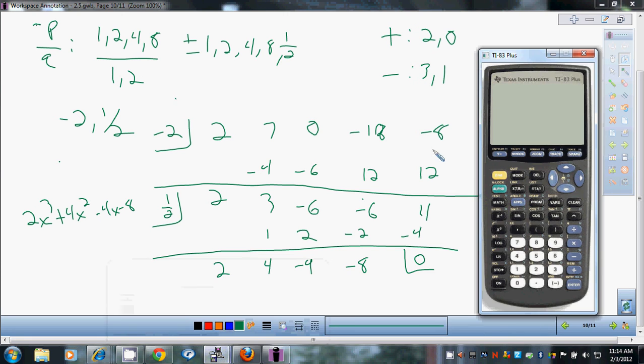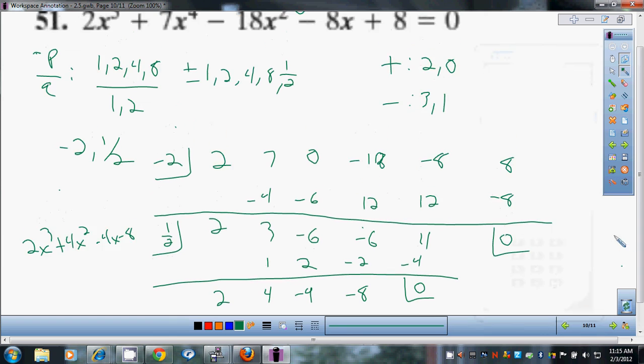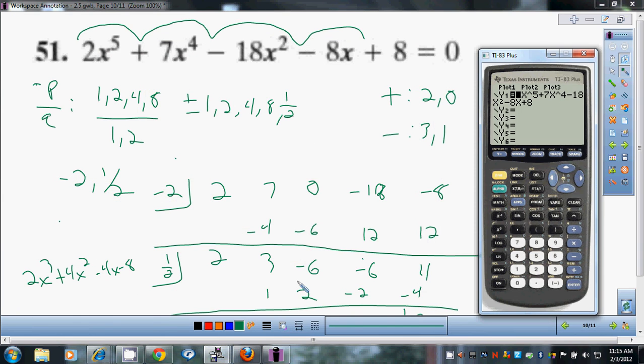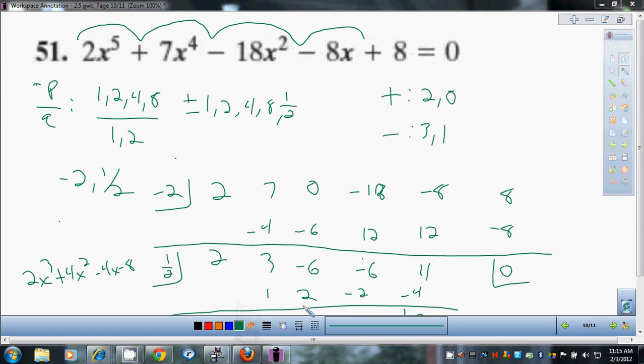They should have all showed up there on the calculator. Did I punch this incorrectly? 2x to the 5th. Let me go back to the problem. 2x to the 5th plus 7x to the 4th, minus 18x squared. This should have worked. I must have punched something in wrong at a later point.